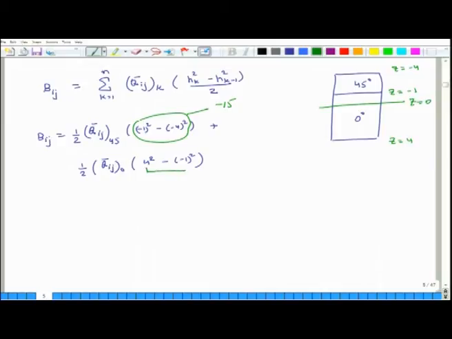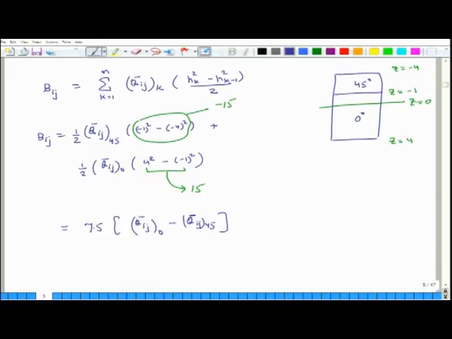and this is 15. So, when I divide it by 2 it is 7.5. So, this works out to be 7.5 times (Qij bar for 0 minus Qij bar for 45).